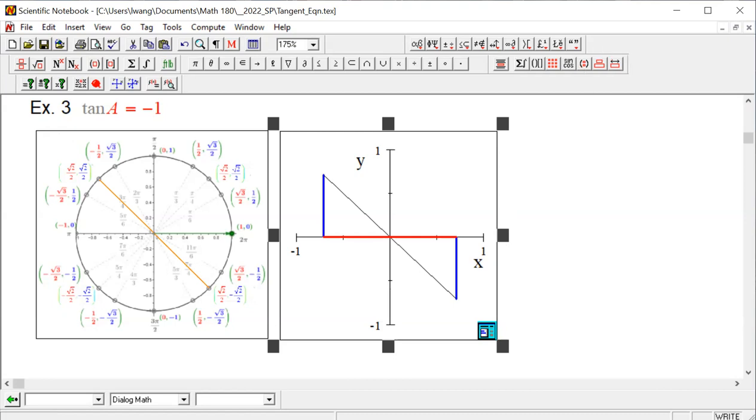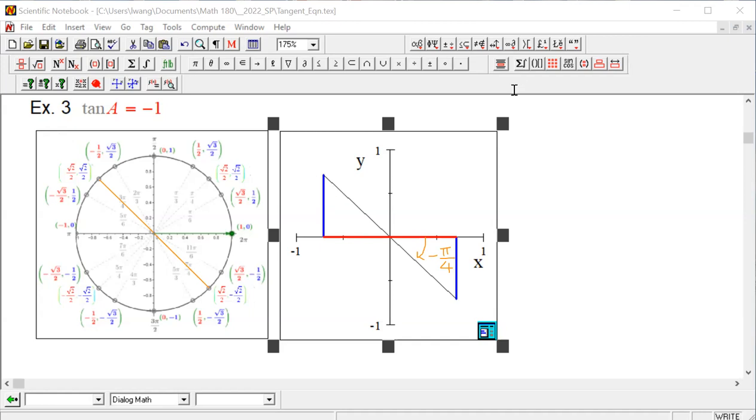we know this angle is going to be what? Negative pi over 4. And then you just plus k pi. You just keep adding k pi, we get to the other one, right?